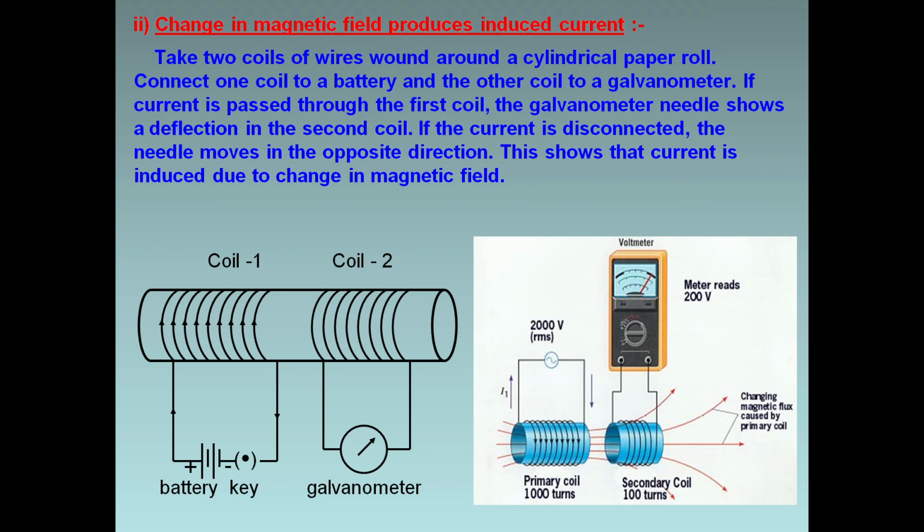So this shows that the current is induced due to change in magnetic field. So simply you can understand, as you switch on the circuit, then current is produced. When you switch off the circuit, then current is produced. If the current is not passing through coil 1, then in the second coil, current is not produced. So due to change in magnetic field, the current is produced in coil number 2, that is secondary coil.